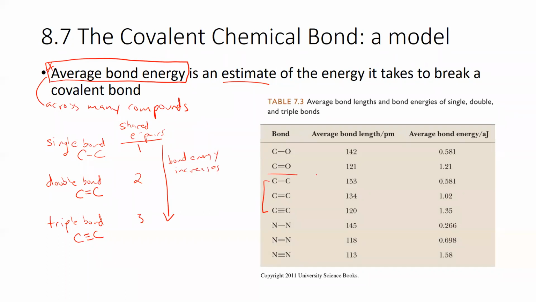If we come over to this other side, we have our bond energies, and sure enough, as you go from a single bond to a double bond, the bond energies don't quite double. And when you go to the triple bond, it's not quite triple the energy of a single bond, but it is definitely a significant increase in the bond energy. In other words, it takes more energy to break a triple bond.